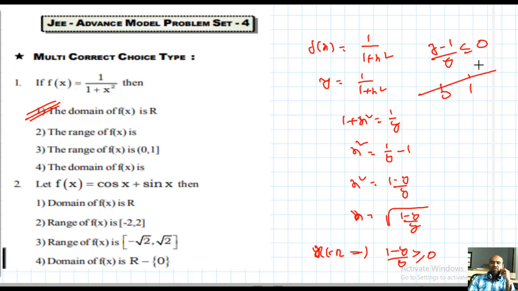So 0, 1, plus, minus, plus. What happened? Open 0 to closed 1. This is the range of the function. So y belongs to open 0 to closed 1.